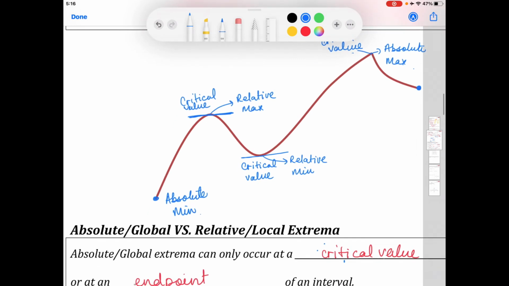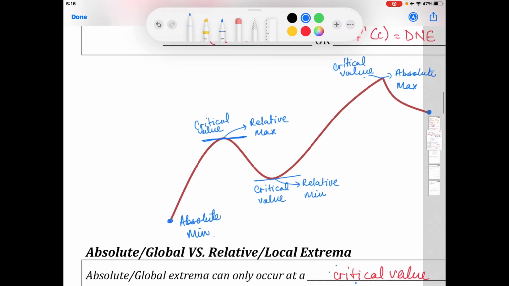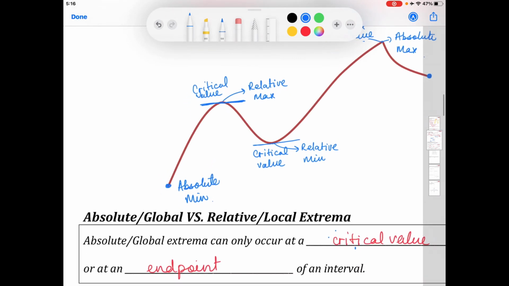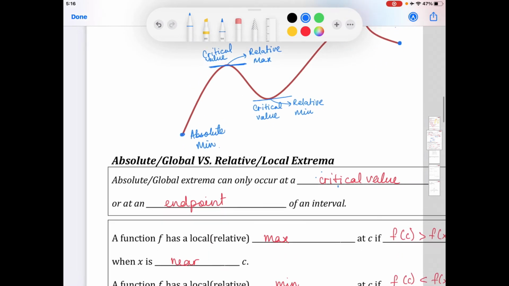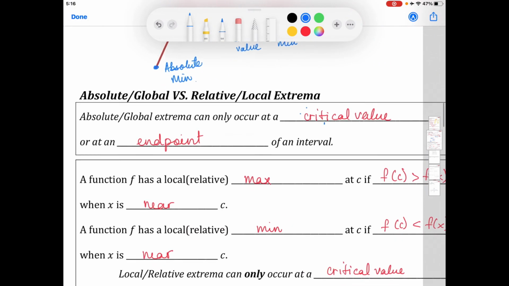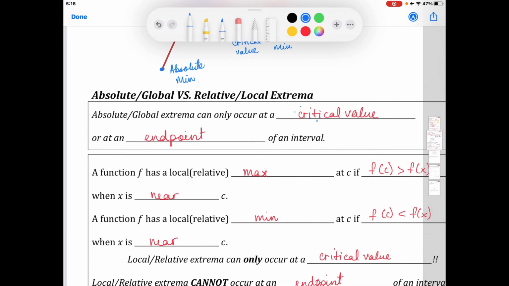So basically, we can all say that we had a total of 3 critical values here, 1 absolute max and 1 absolute min. Again, your absolute max and min can happen at endpoints, but your relative max and min will never happen at endpoints. Please note that. Okay, so the other words that can be used for absolute and relative are global and local.